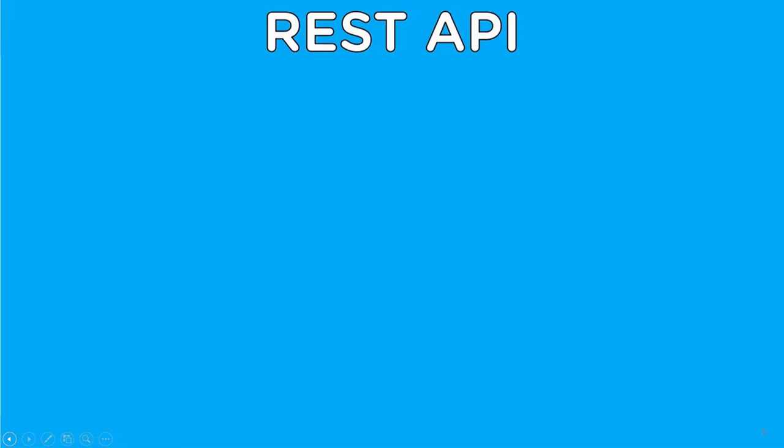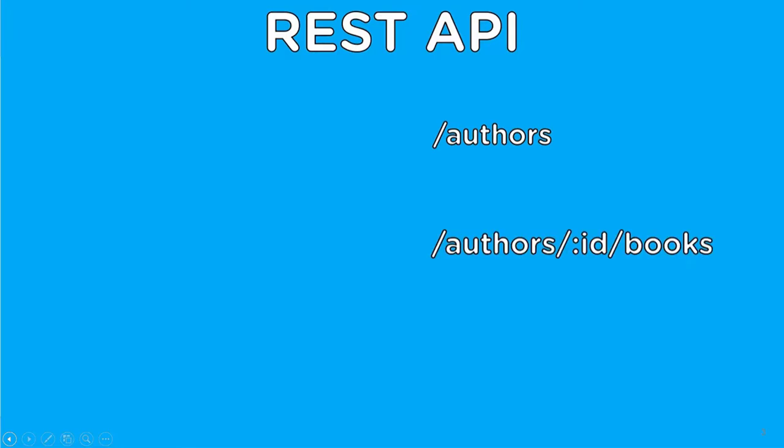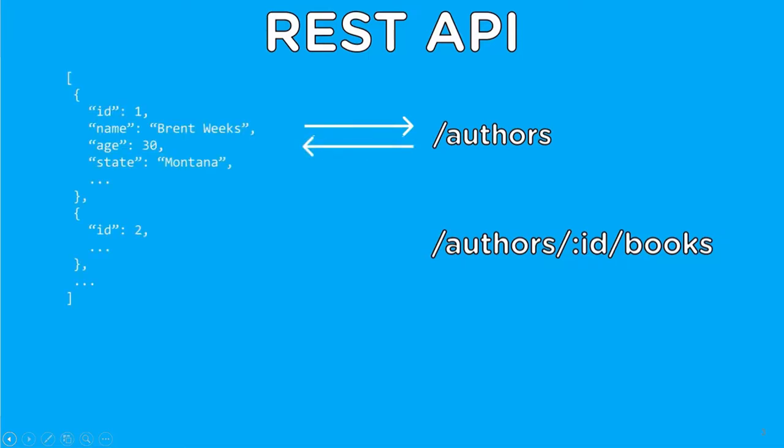For example, in REST API, we will have multiple endpoints. If we want to know the list of books, we need to get authors first, and when we use the authors endpoint, we'll get the whole list of authors. Here we can see that ID, name, age, state, and a lot of other fields will come with that endpoint.